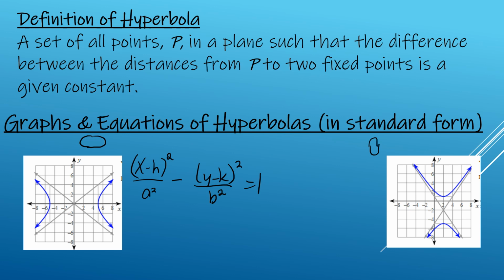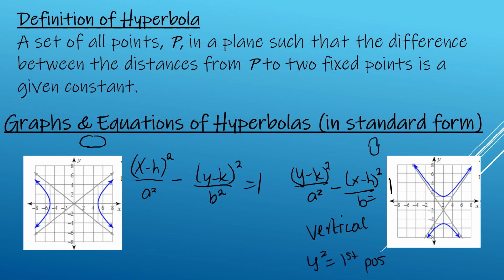In order to do that for the vertical example that we have, we need to start with y minus k quantity squared over a squared minus x minus h quantity squared over b squared all equals 1. So it's a similar formula, but in order for it to be vertical, it has to have the y squared term first as well as positive, and your a squared will be first as well.